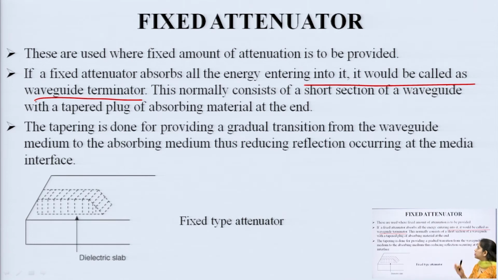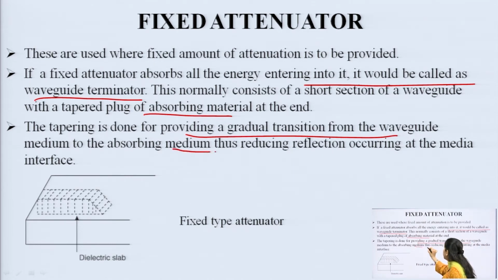This normally consists of a short section of waveguide with a tapered plug of absorbing material. This tapering is done for providing a gradual transformation from the waveguide medium to the absorbing medium, thus reducing the reflection occurring at the media.